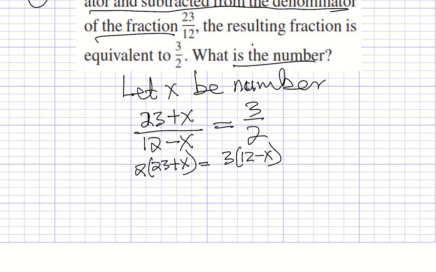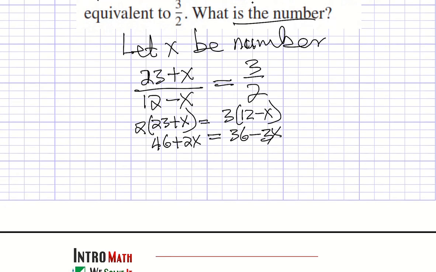Alright, so multiply things out, remove the bracket, you get 46 plus 2x equals to 36 minus 3x. You move things around, you get 2x plus 3x is equals to 36 minus 46.